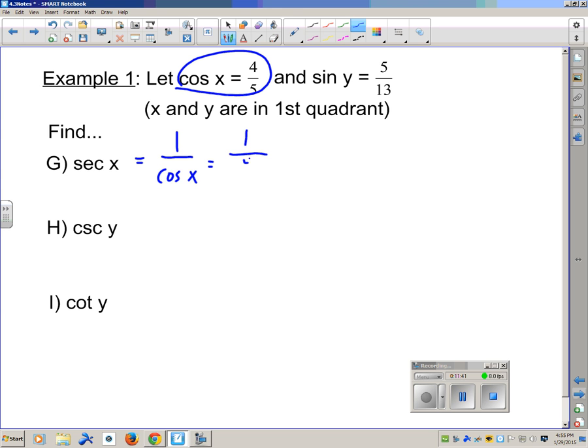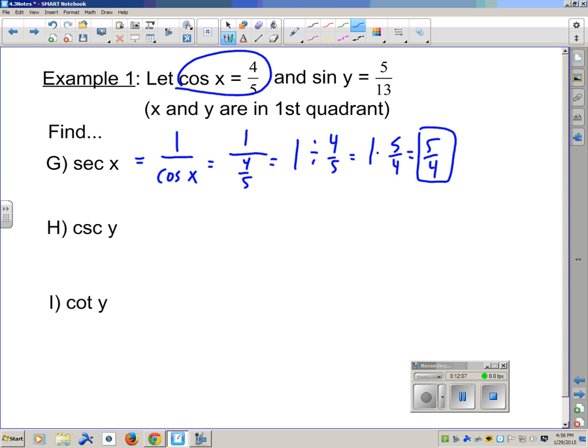So 1 over 4/5 is really 1 times the reciprocal, which is 5/4. Simply, secant is the reciprocal of the cosine. What's the cosine? 4/5. So what's your secant? 5/4. You don't even have to do the math on it.